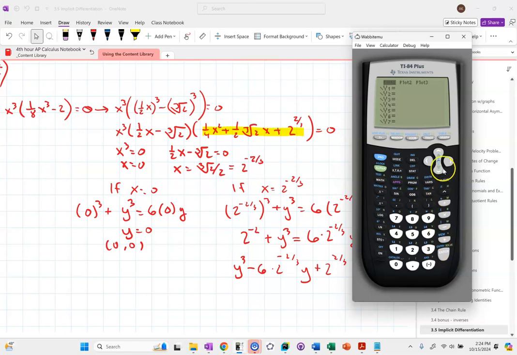All right, let's get that out of there. So I know it says y, but I'm just going to use x's. Oops, 2/3. And then I'm going to graph this on the standard negative 10 to 10 window.